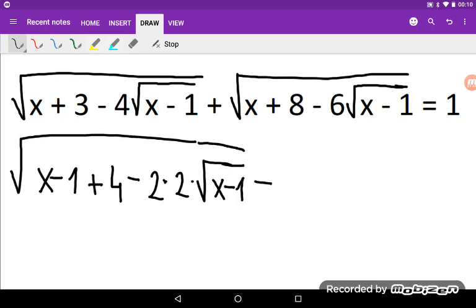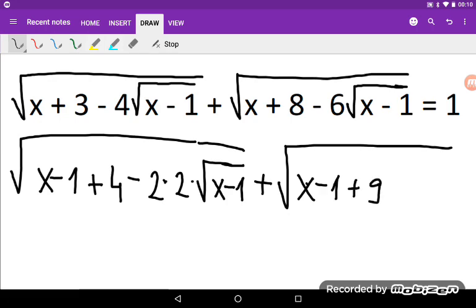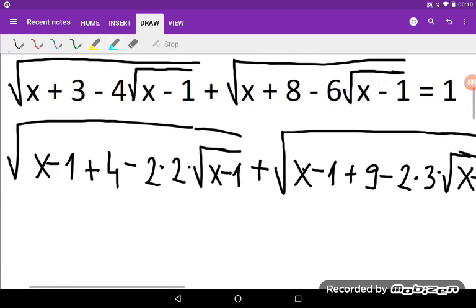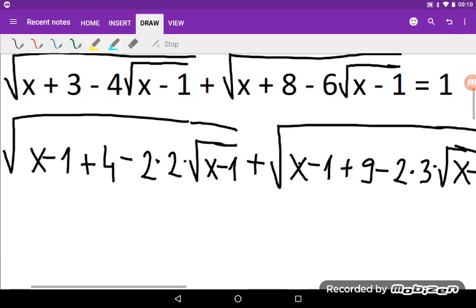And then plus the square root of x minus 1 plus 9 minus 2 times 3 times the square root of x minus 1, and that's equal to 1. So basically I just write number 3 as 4 minus 1 and number 8 as 9 minus 1.